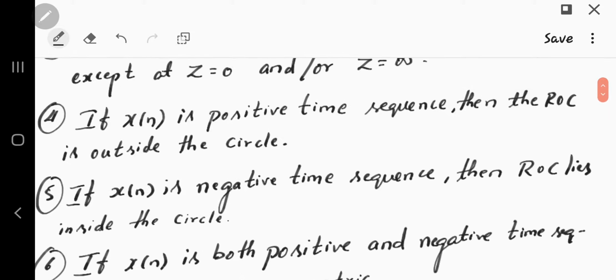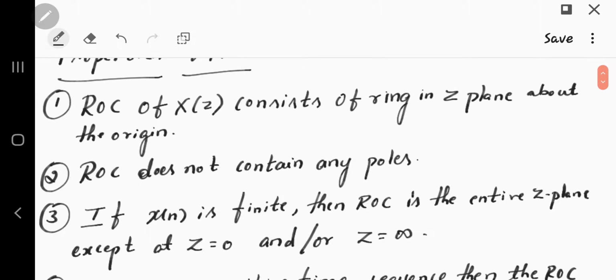So that is the first property: the ROC is a ring in the z plane about the origin.